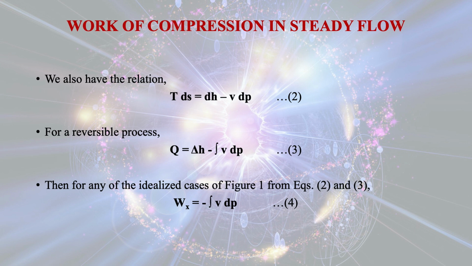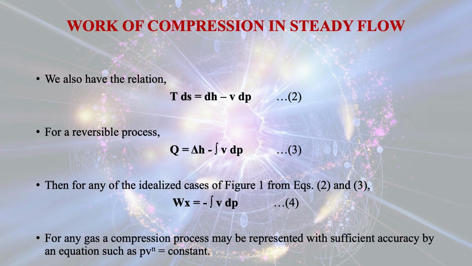Then for any of the idealized cases of figure 1, from equations 2 and 3, we can write Wx is equal to minus integral of V dP. For any gas, a compression process may be represented with sufficient accuracy by an equation such as PV to the power n is equal to constant.